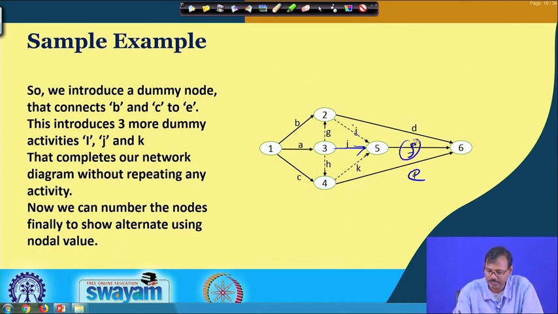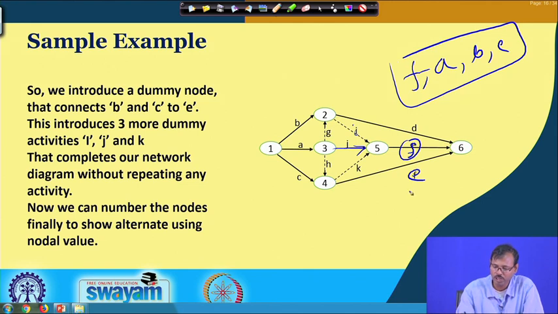So, F is basically showing all the A, B, C are the predecessors of F, while for E the predecessors are A and C, and for D the predecessors are A and B.